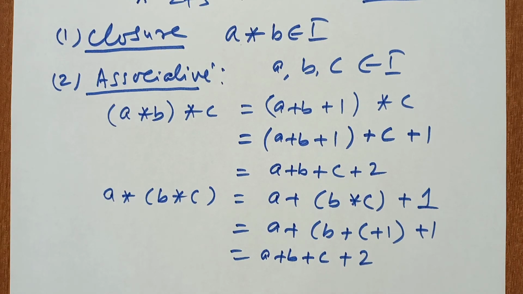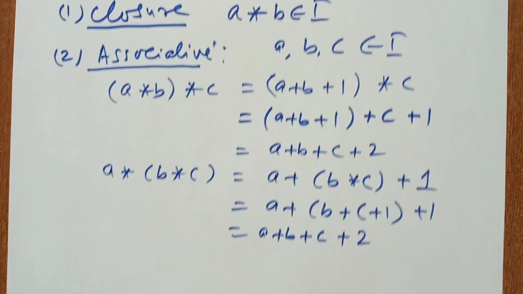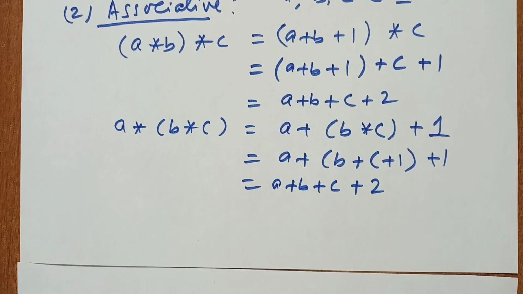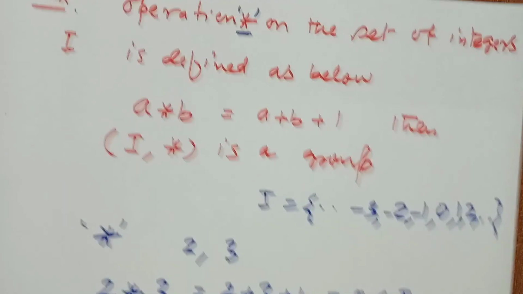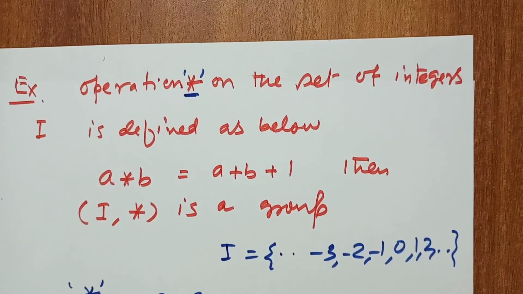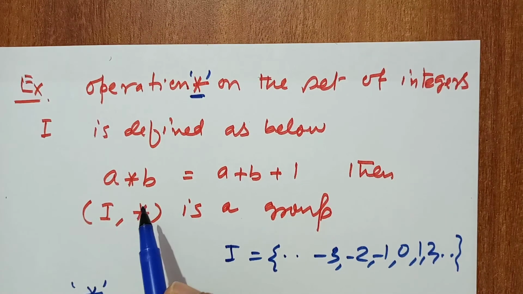Next is identity. As you know, in the case of multiplication, 1 is the identity. In the case of addition, 0 is the identity. But here it is very interesting that the operation is star, so we need to calculate the identity.